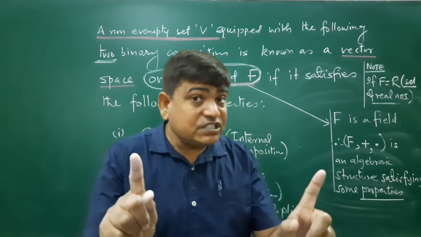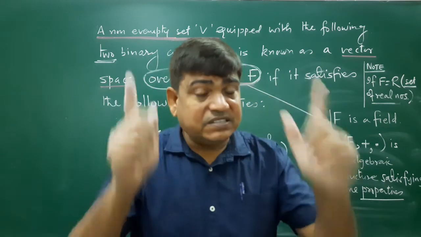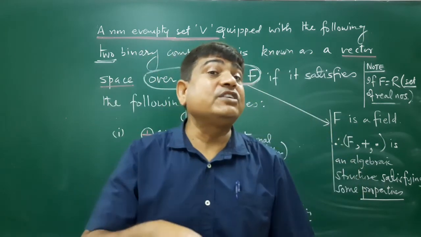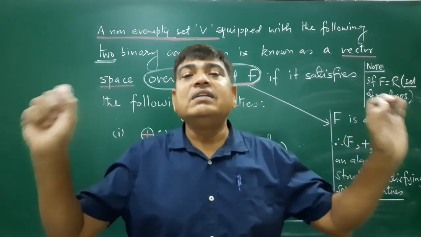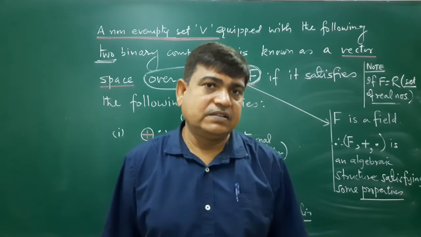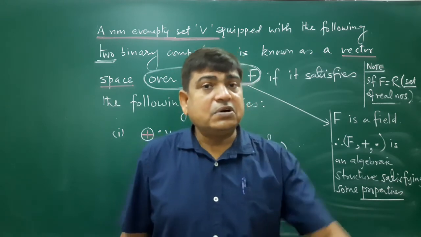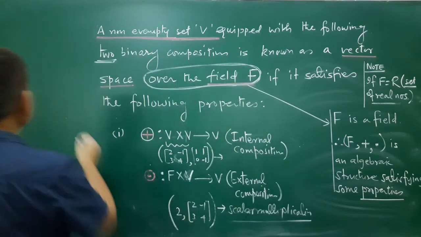Remember, scalars means numbers. If it is the set of real numbers, then from minus infinity to plus infinity on the number line. Again I repeat, don't get confused with the word vector.